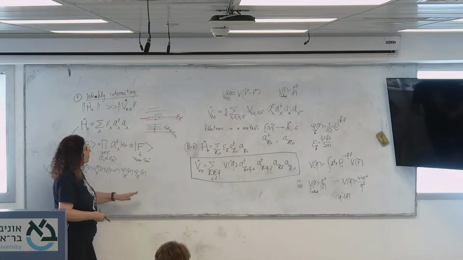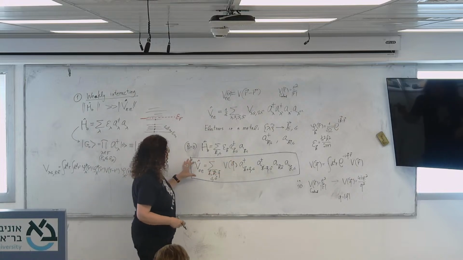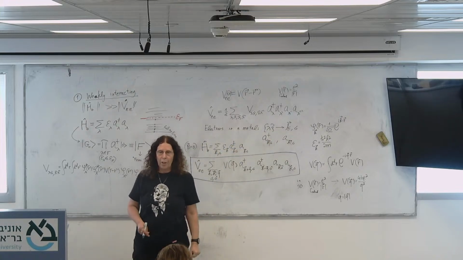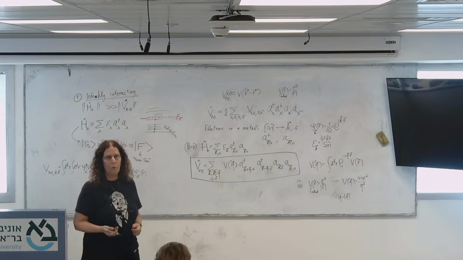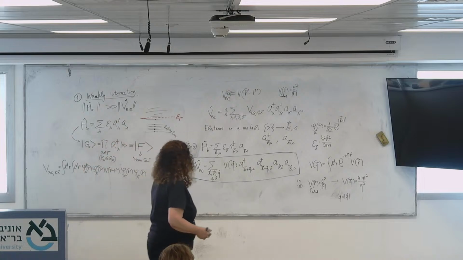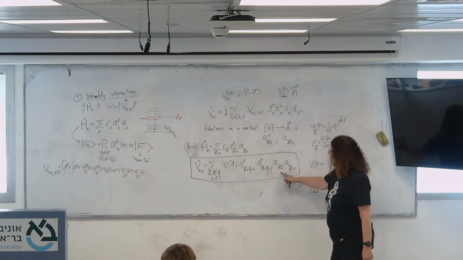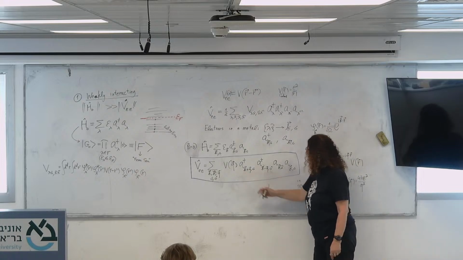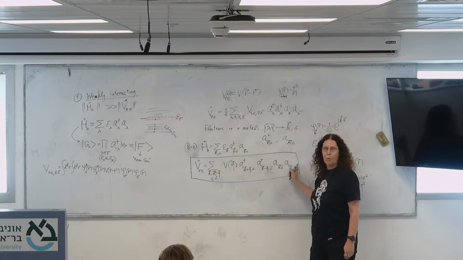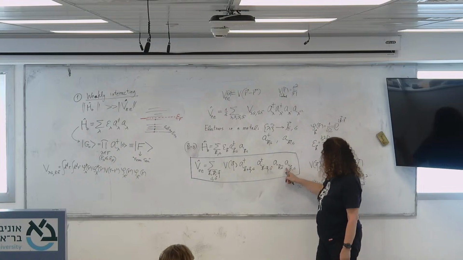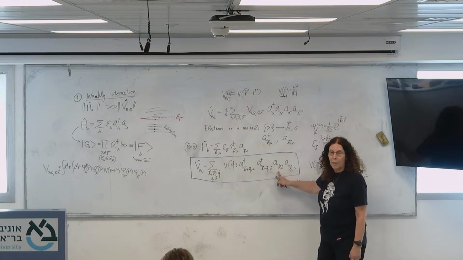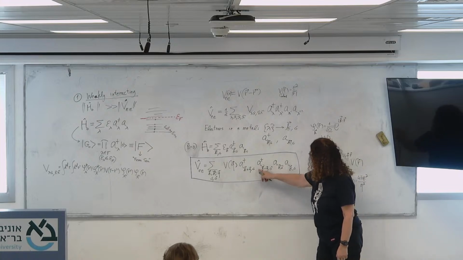And again, I emphasize this is a specific case where I write the interaction in the basis of momenta of electrons or particles with well-defined momentum and spin. Okay? Now, what does it describe? So, just as before, you see that here I get some kind of a scattering process because I annihilate 2 particles, one with momentum k and one with momentum k prime, and I create them with some different momenta.